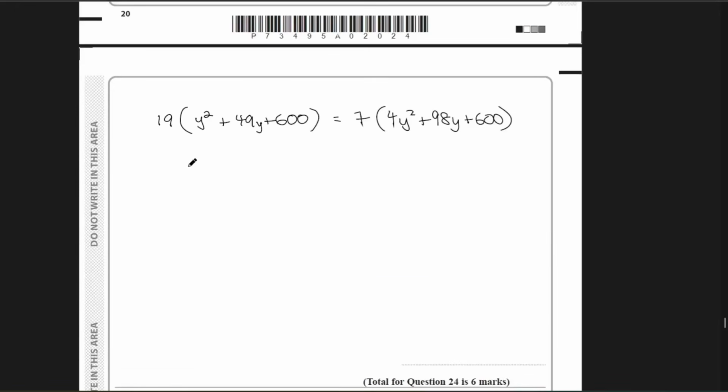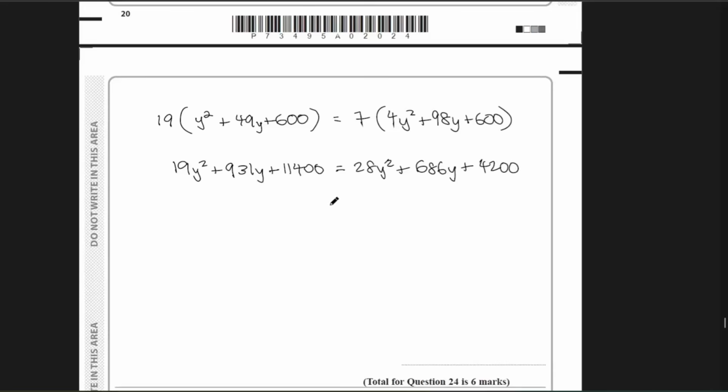So we'll multiply 19 into the bracket. 19y squared plus 931y plus 11400. We'll multiply 7 into the bracket. 7 times 4, 28y squared plus 686y plus 7 times 600 would be 4200.